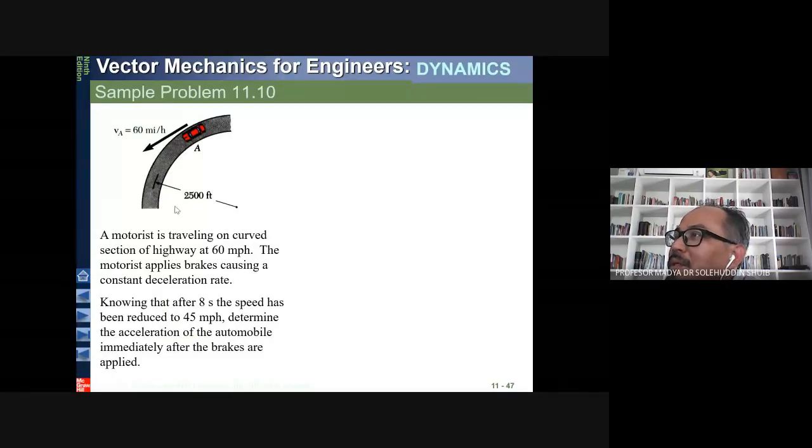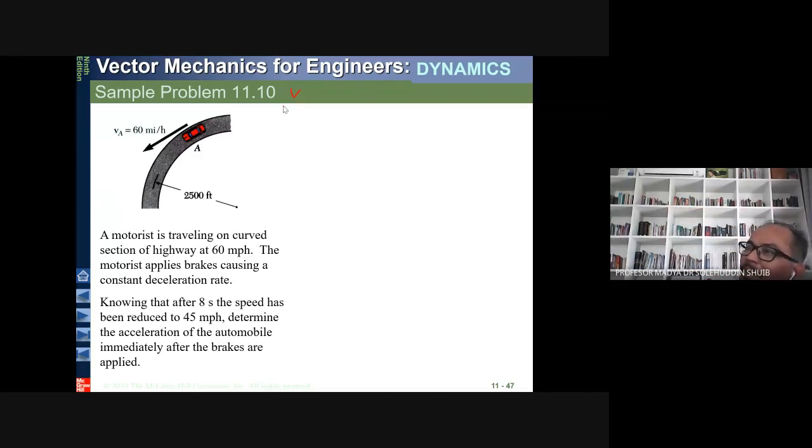All right, we do this example, Example 11.10. Remember, now we are using a non-SI system, British units, US customary, in miles and feet. A motorist is traveling on a curved section of highway at 60 miles per hour, and the motorist applies the brakes, causing a constant deceleration.